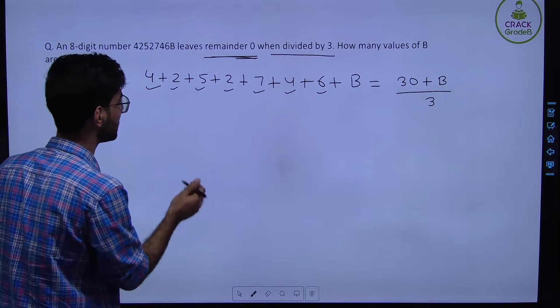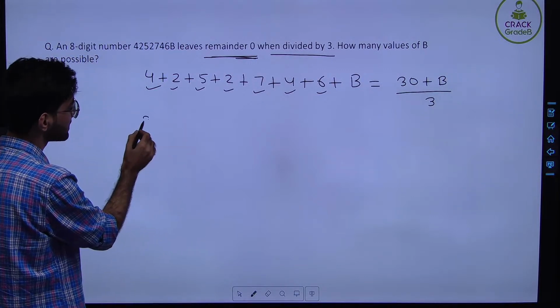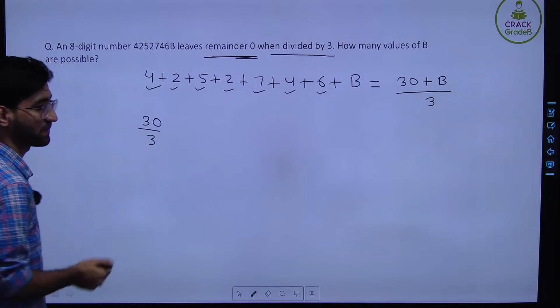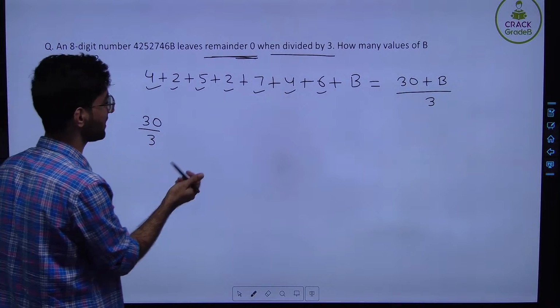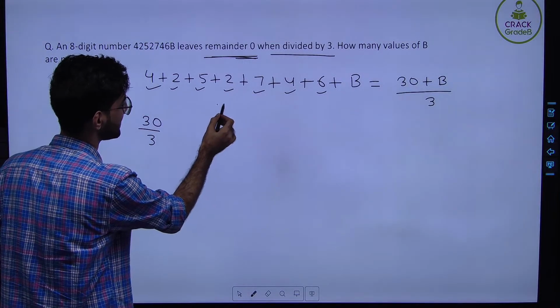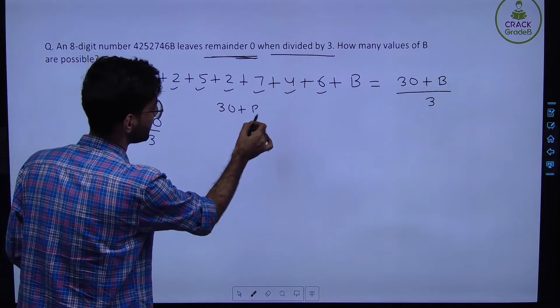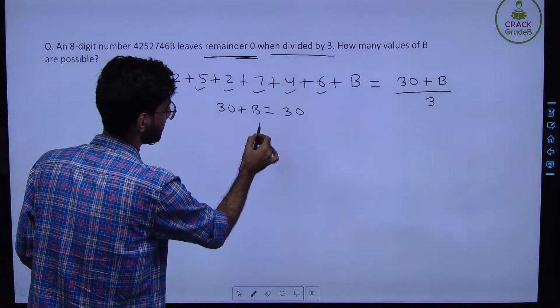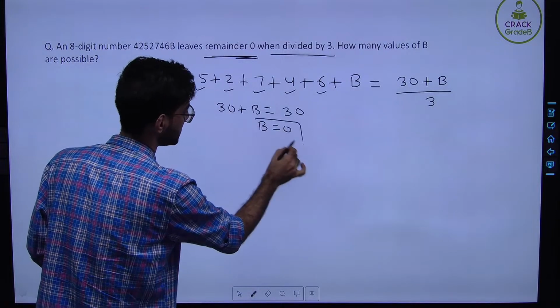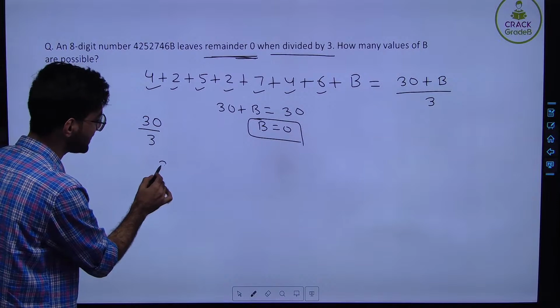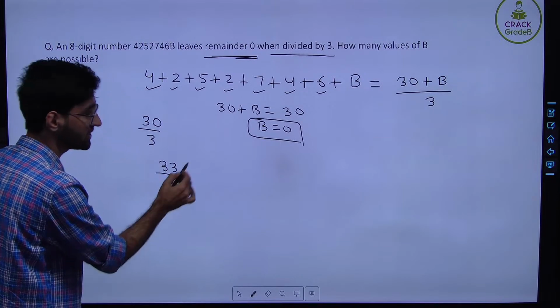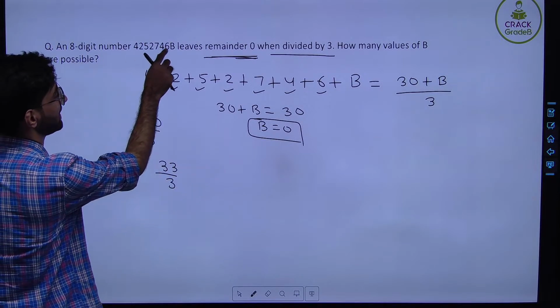Now try to think, 30 is also divisible by 3, right? If 30 is divisible by 3, you can say that 30 plus b is equal to 30, means b equal to 0, right? See, you can't put negative values for b.